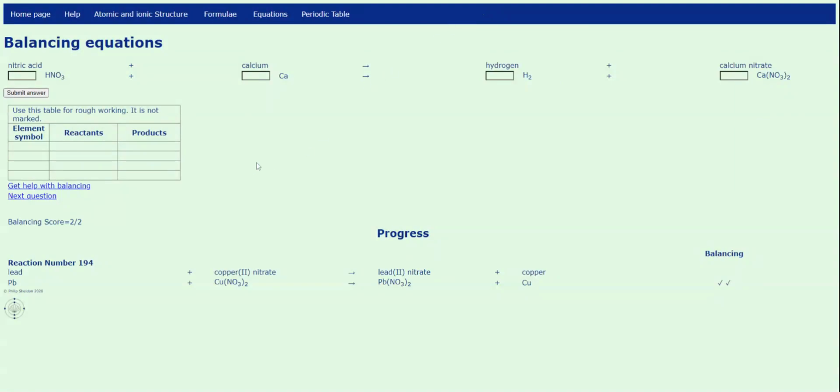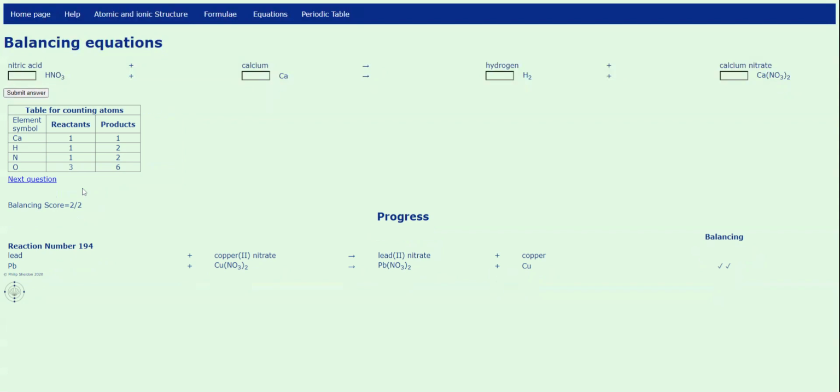You can go into a different mode of working if you're finding this tricky. You can get the page to count the atoms for you. So let's do that. We put get help with balancing, and we can see that it's filled in that table for us. And then as we adjust things, it will update.